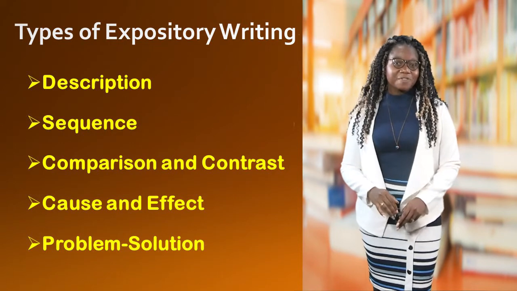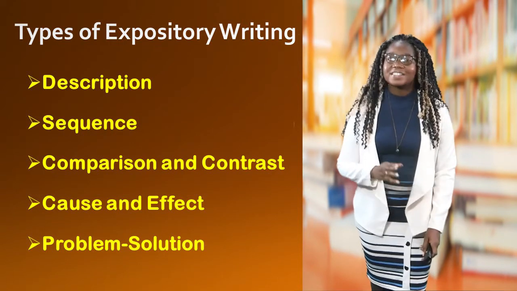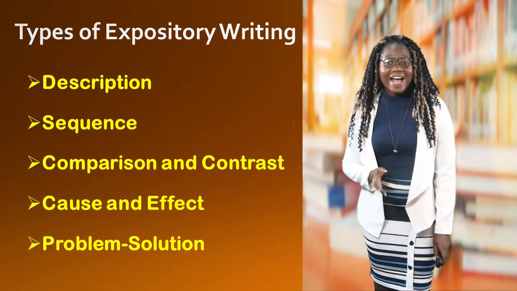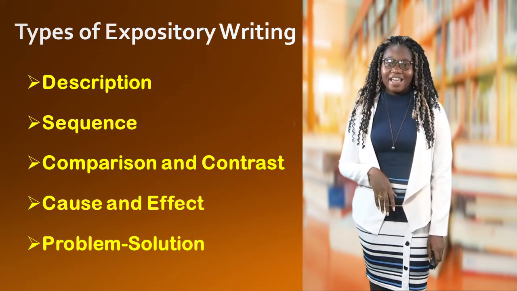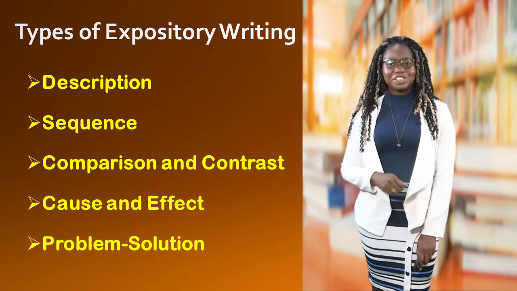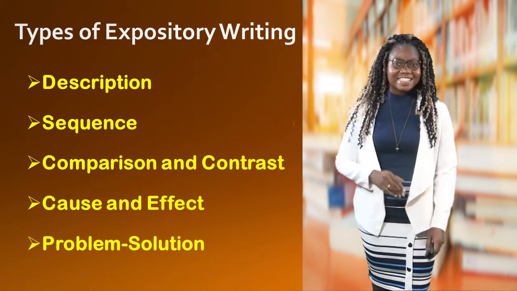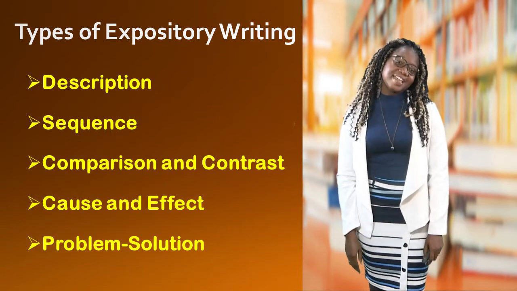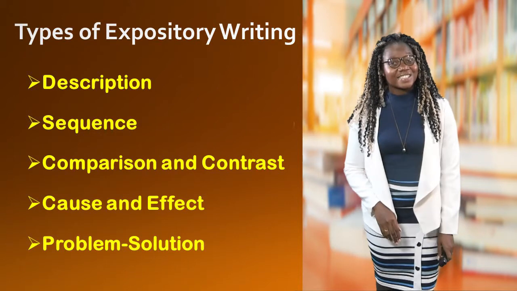We put that information under cause and effect exposés. Our last type of expository writing is problem and solution. As the name suggests, there must be a problem. And then we find a solution.